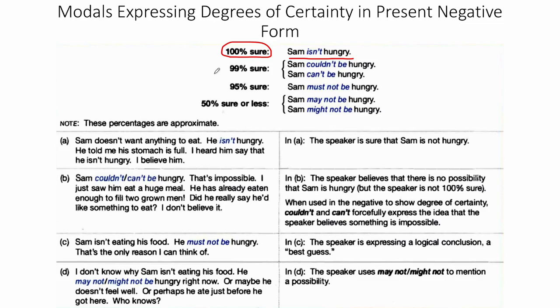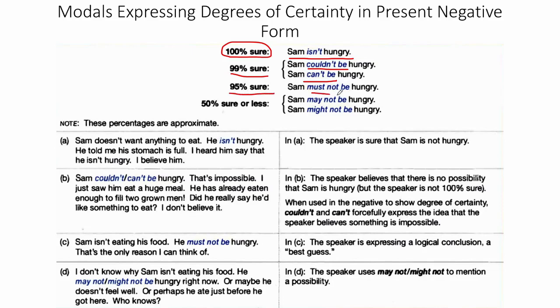When we are a little bit less sure than that, like 99% sure, which means almost 100% sure, there is a very little doubt about whatever statement you want to say. Here we use the modals couldn't be and can't be. And then we have the level when we are 95% sure.